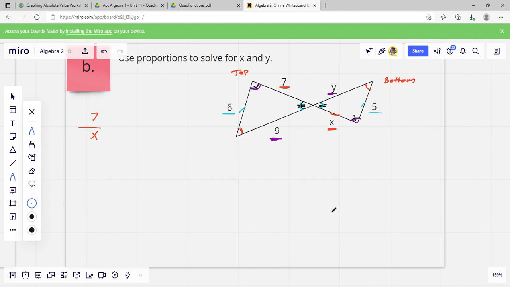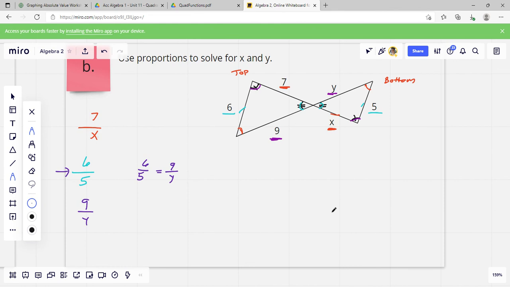And our top for blue would be 6, and our bottom for blue would be 5. And then for purple, we've got 9 on the top and y on the bottom. Okay, so here's the one that has numbers. It's the middle one right there. So we could say 6 over 5 equals 9 over y.